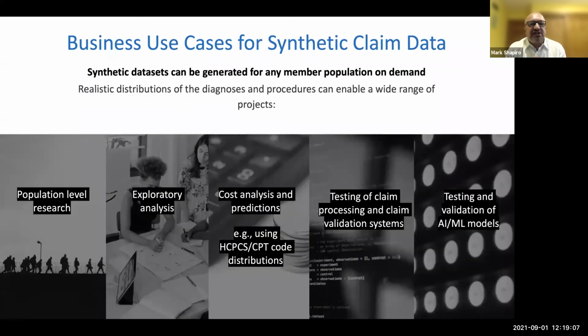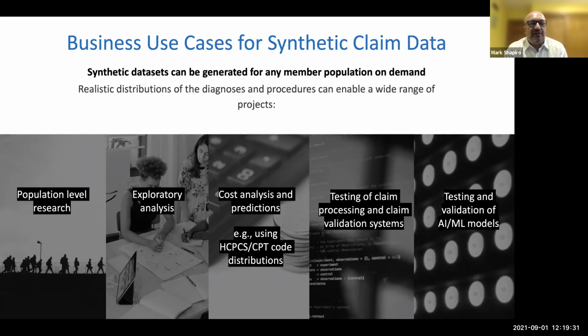And so, business use cases for synthetic claims data. Again, there are multiple; I just list a couple of them. One is population-level research. The important part here is that if one has a model to generate synthetic data, it all depends on the training data.